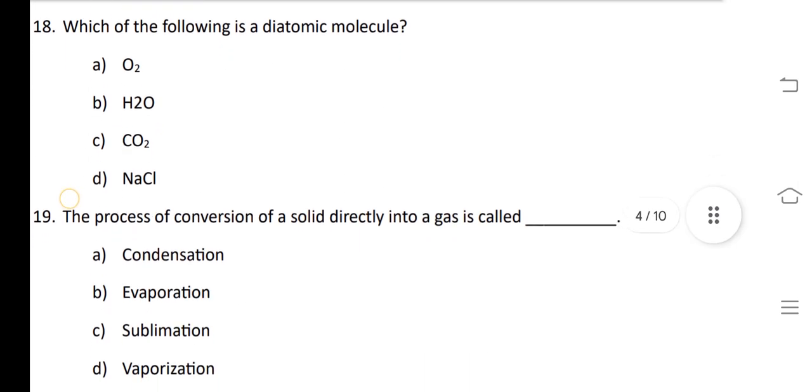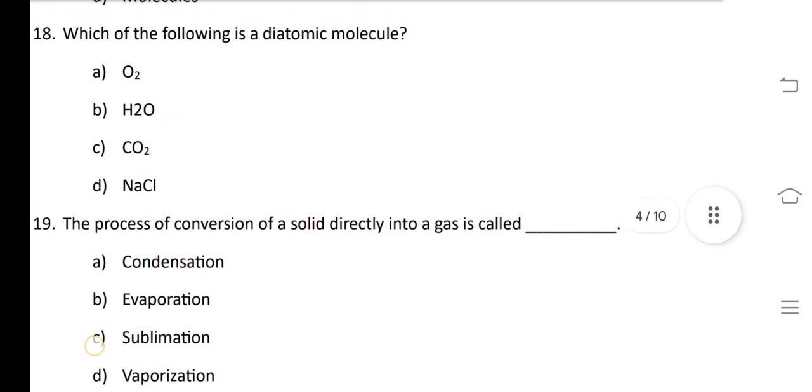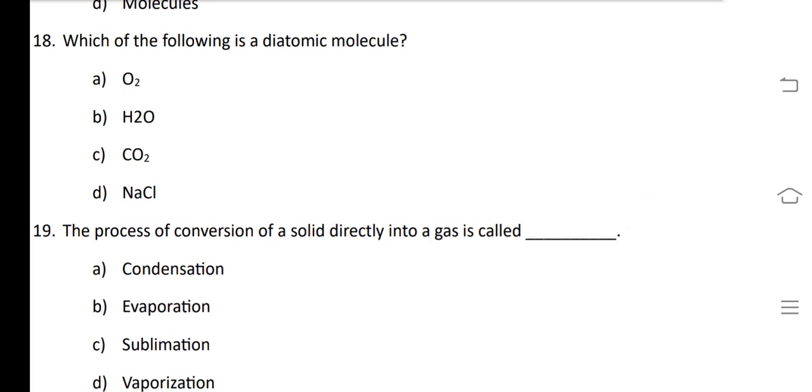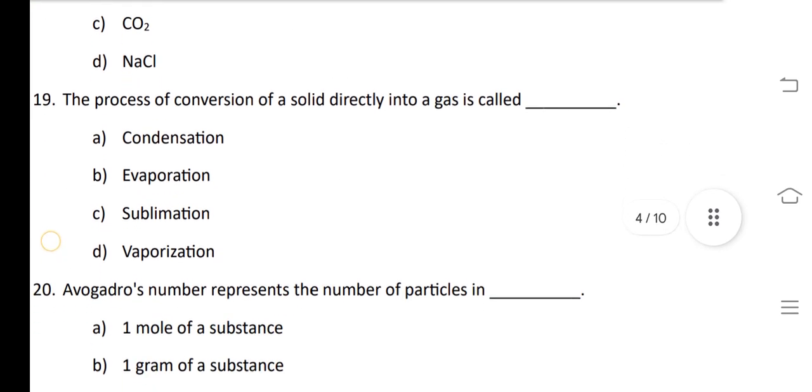In the case of CO2, there are also 3 atoms. But in the case of O2 and NaCl, a total of 2 atoms are present. But it is said in the question that it should be diatomic. Diatomic means 2 atoms of the same element. So the correct answer will be option number A, that is oxygen, O2.